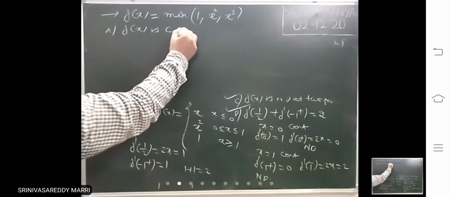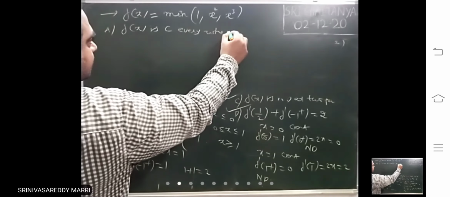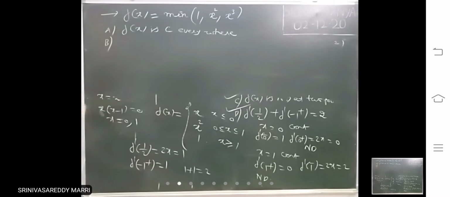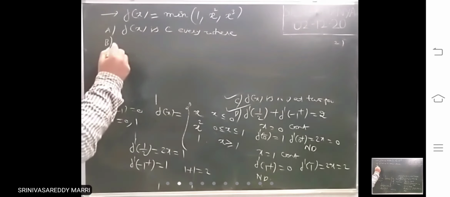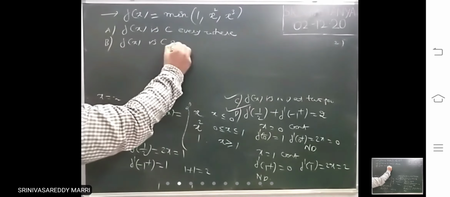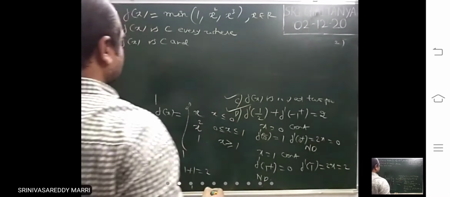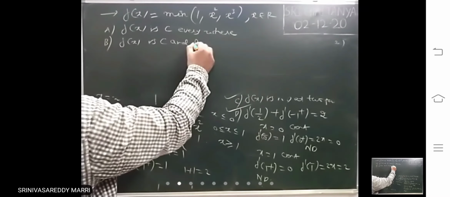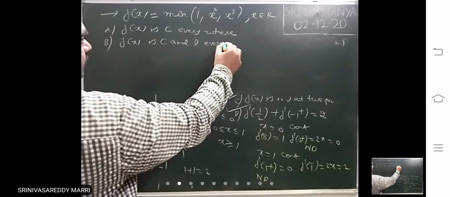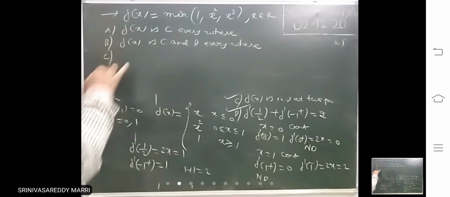A. f of x is continuous everywhere. B. And differentiable everywhere.